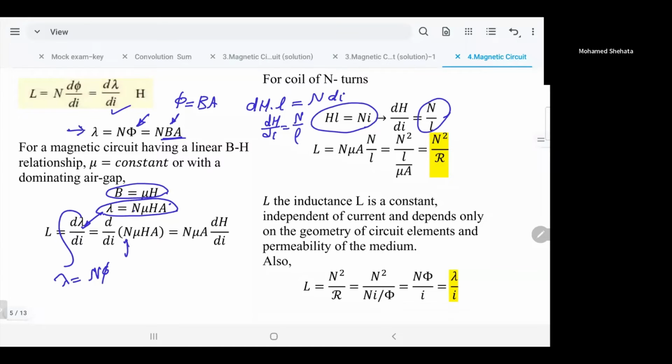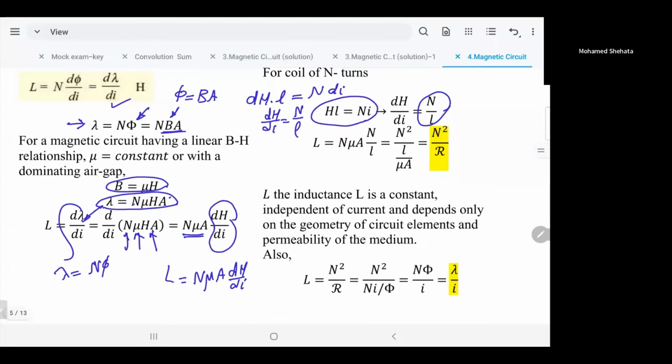N is constant, the number of turns. Mu, permeability, is a fixed number. H is variable. Area, the cross-section area, doesn't change. So you get N mu A outside the differentiation, and what's left is only dH by dI. So L is equal to N mu A times the differentiation of H with respect to current.